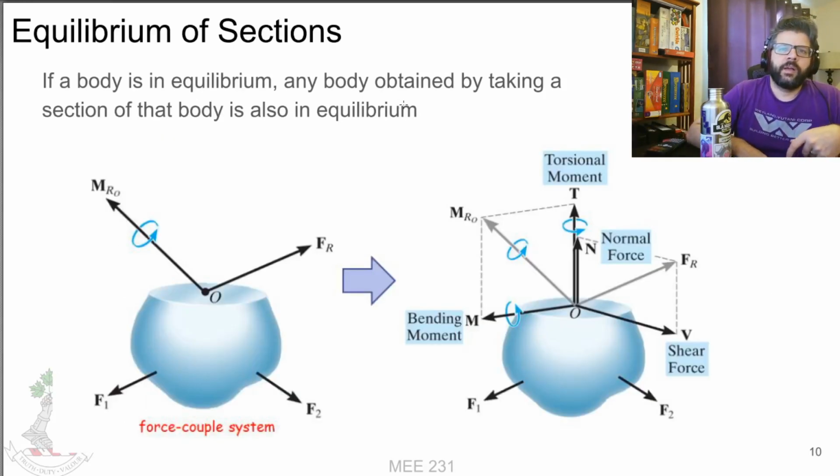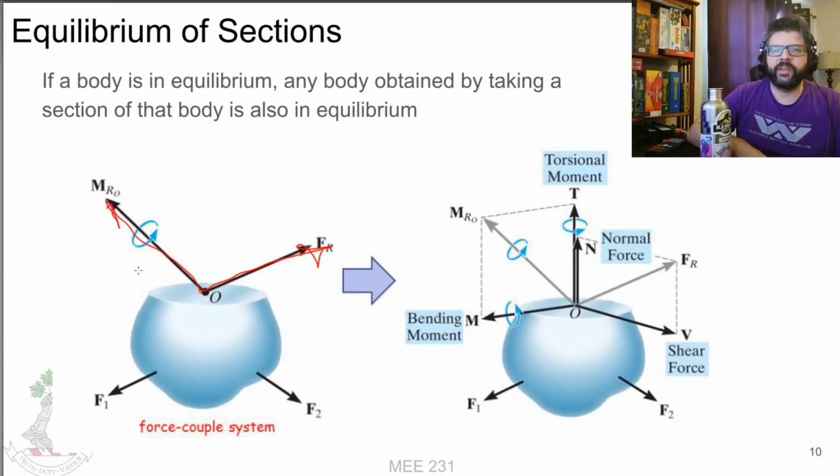So generally speaking, you can take whatever forces are acting on a face, and you can replace it with some sort of force and some sort of moment, a force-moment couple.